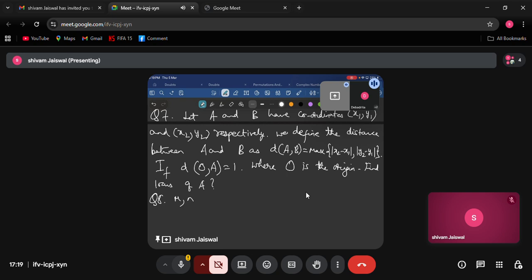M comma N are integers with 0 less than m less than n.